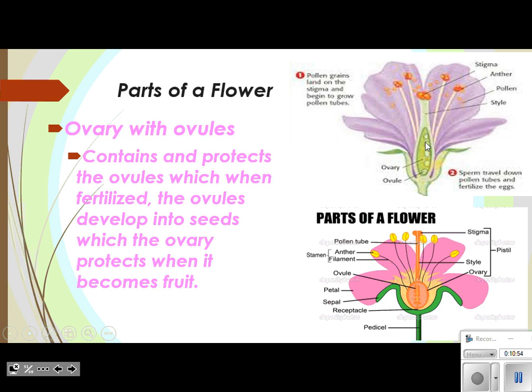Here are the ovules, okay? Once fertilization occurs, the ovules develop into the seeds, okay? And this ovary develops into the fruit. So, at one time, that apple that we are eating originally started out as being the ovary of that flower.